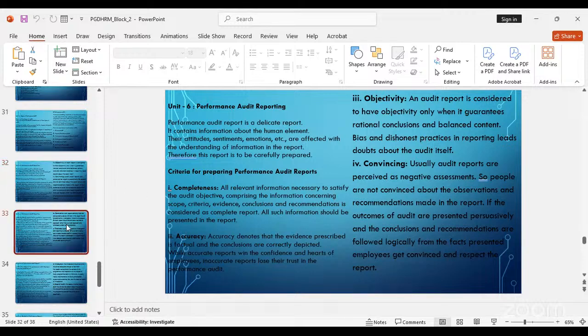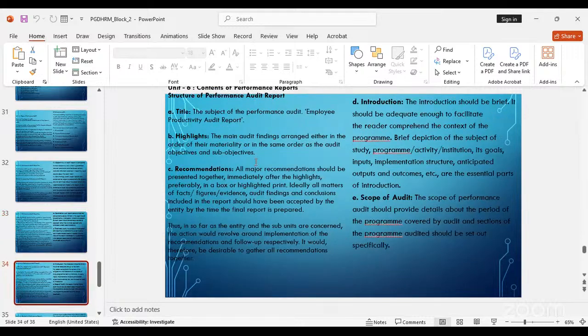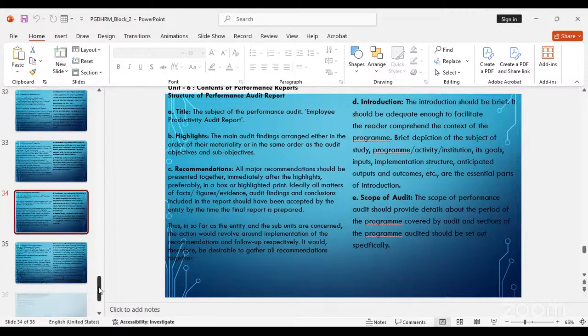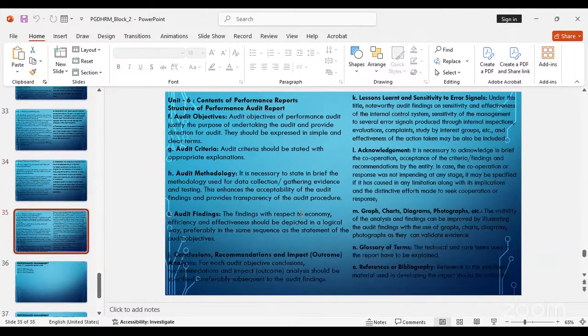These are the key aspects taken into consideration. It should be very clear, concise, balanced, consistent, constructive, and timelines should be given. The structure includes title, headlines, recommendations, introduction, scope of the audit. All these key aspects should be mentioned while preparing the audit report.